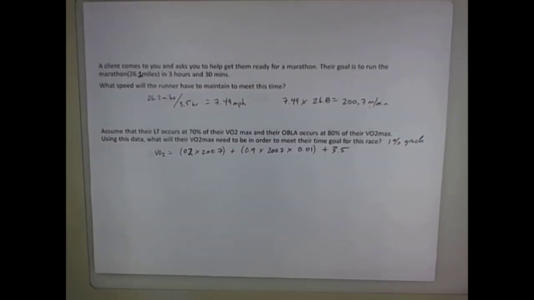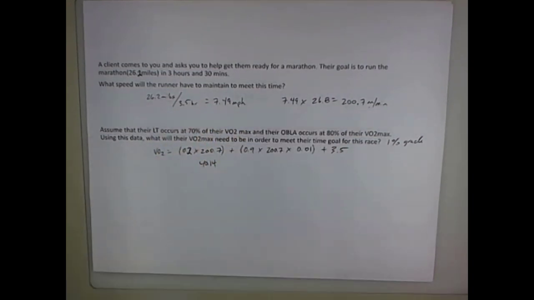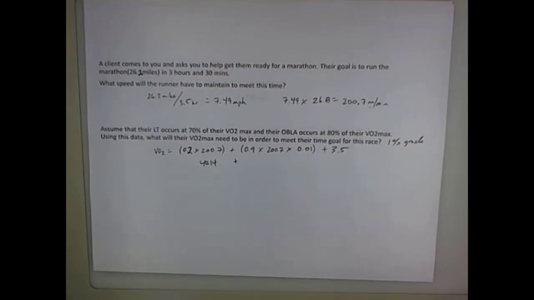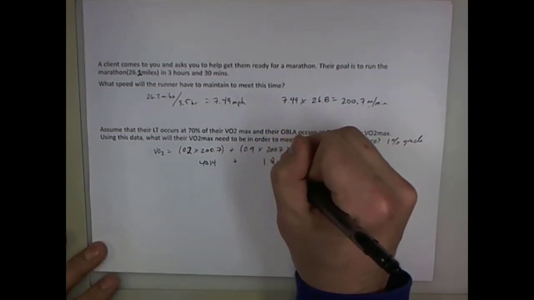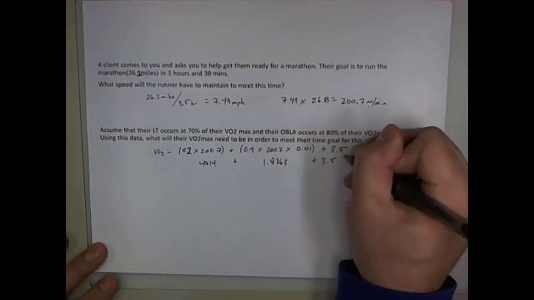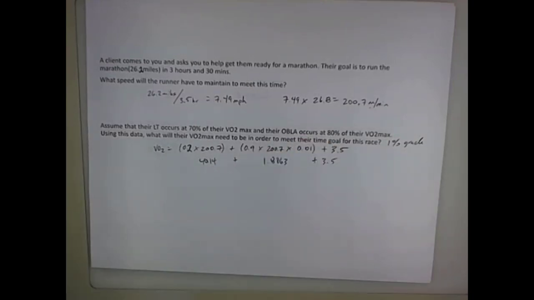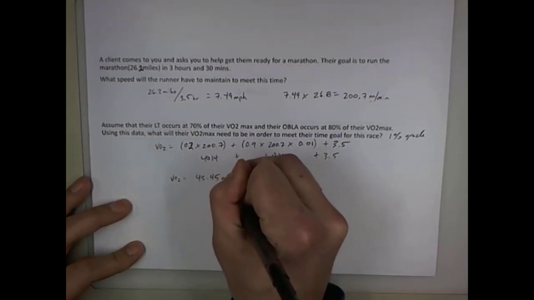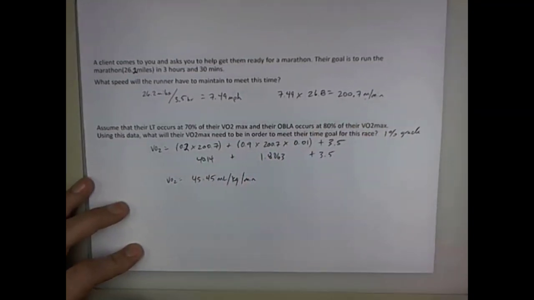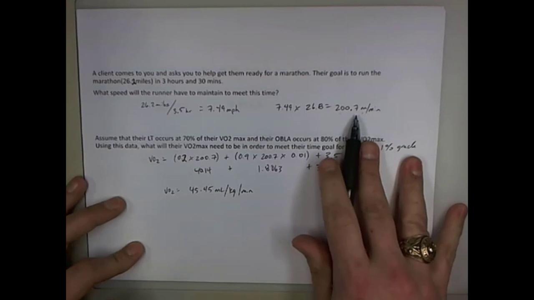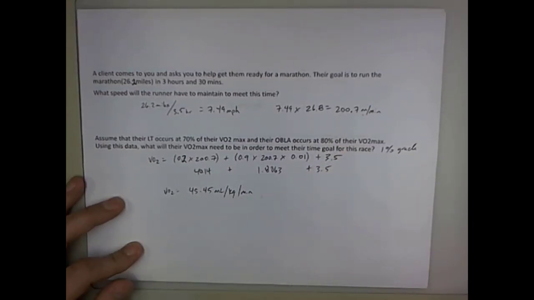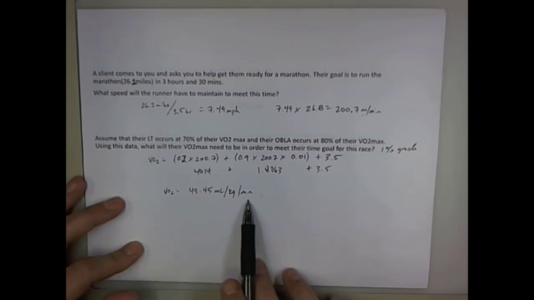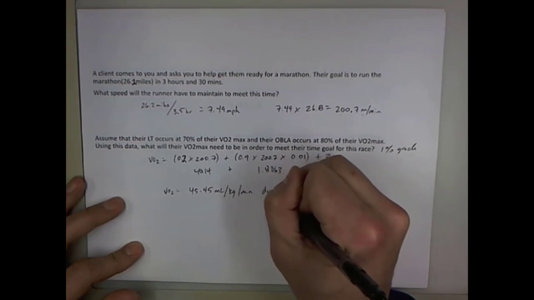So we add those all together. Our data tells us that to run 200.7 meters per minute at a 1% grade, your estimated VO2 would be 45.45 mils per kg per minute. I like to add this as during the race.